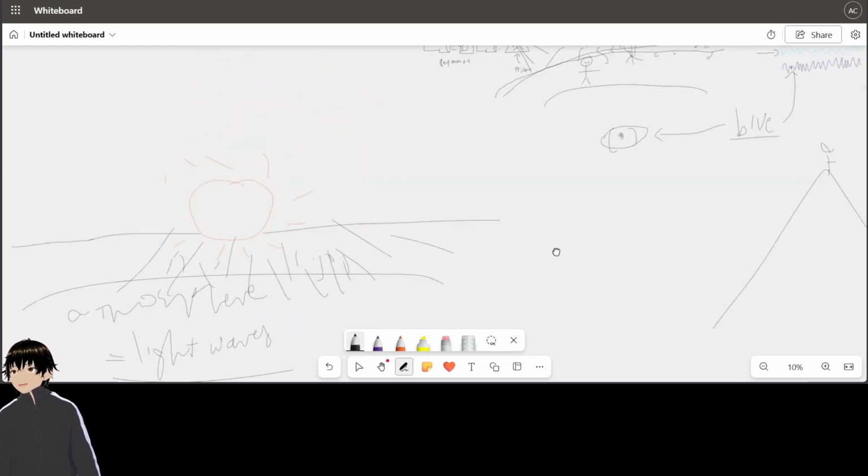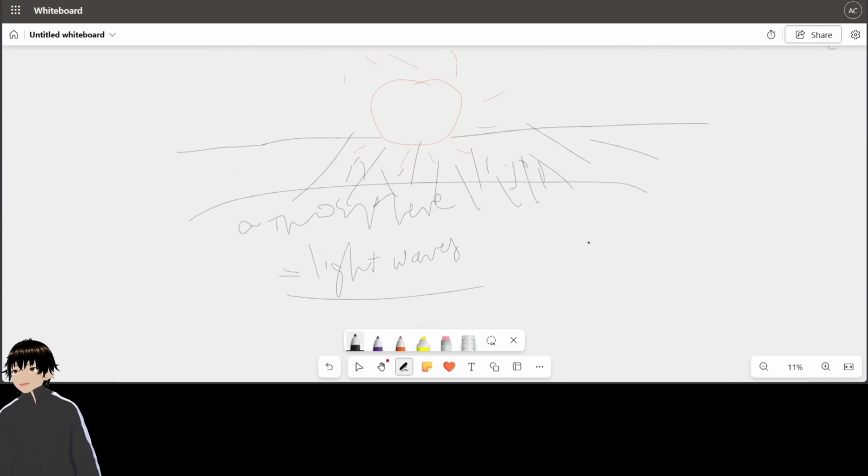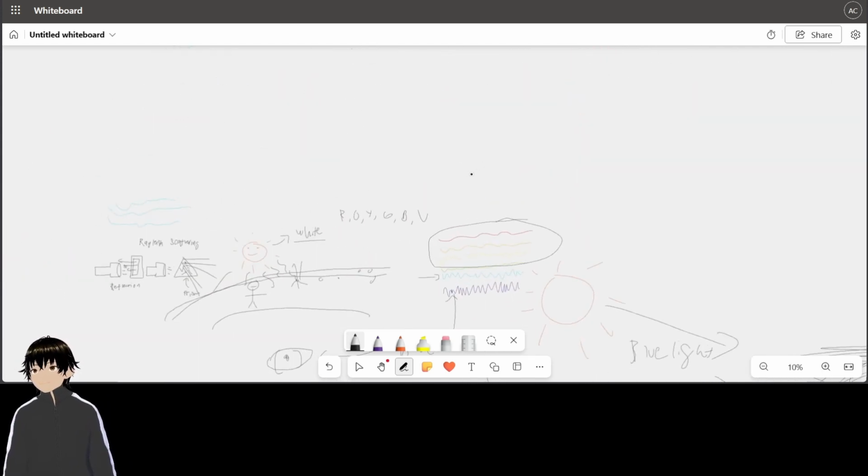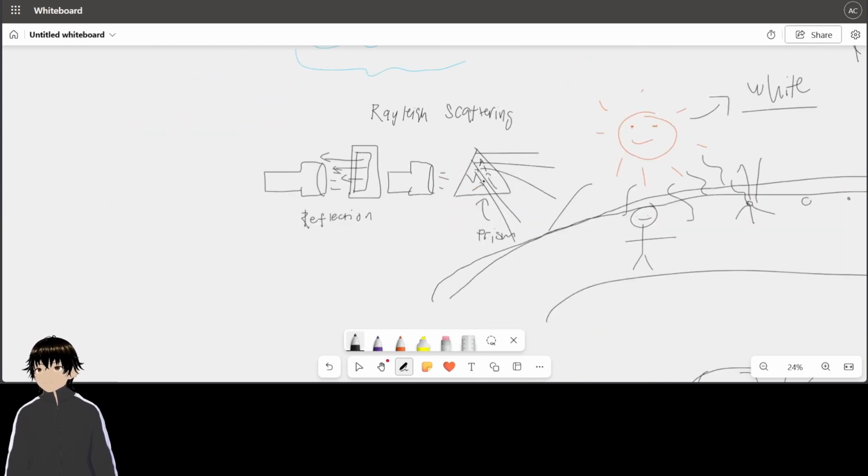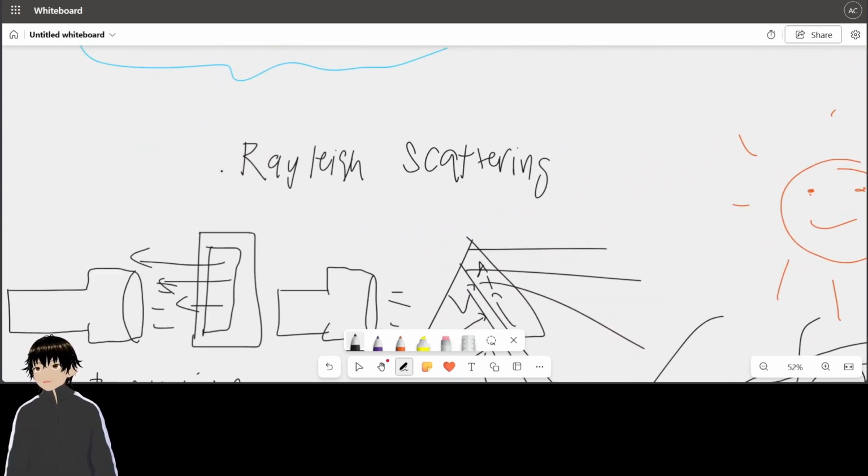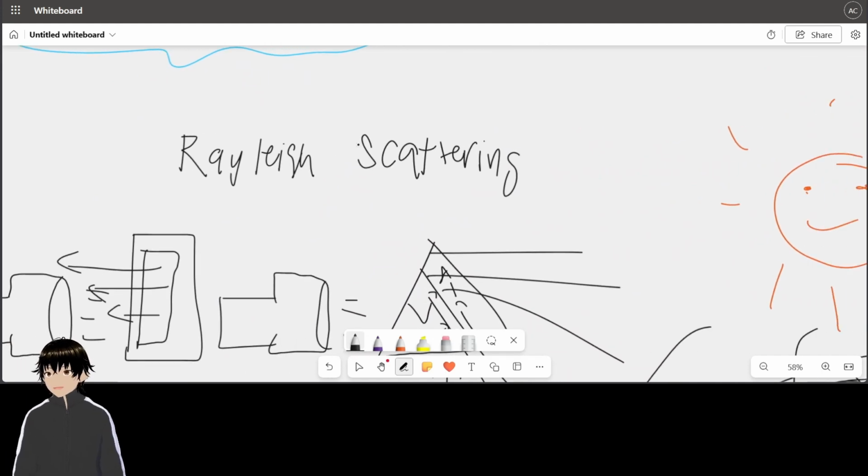And that's exactly why the sky is red, orange, and yellow whenever it's sunset. So hopefully I have given you a good idea of what Rayleigh scattering is.